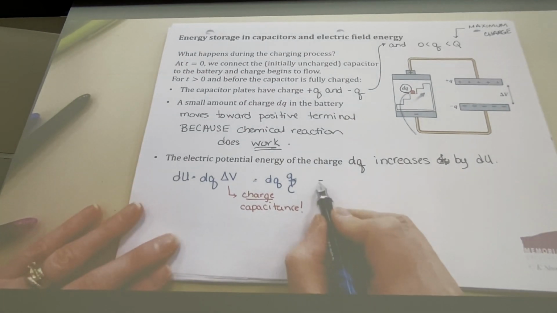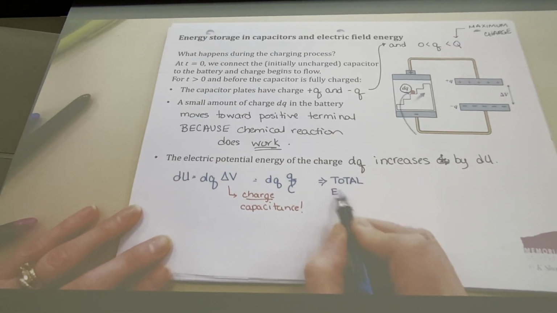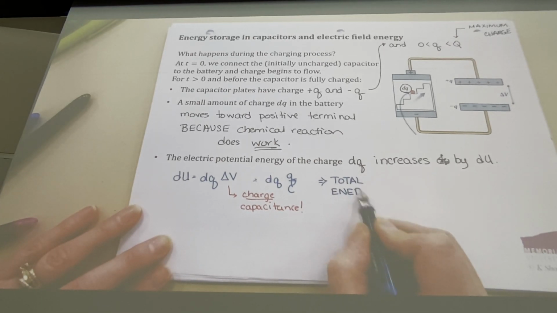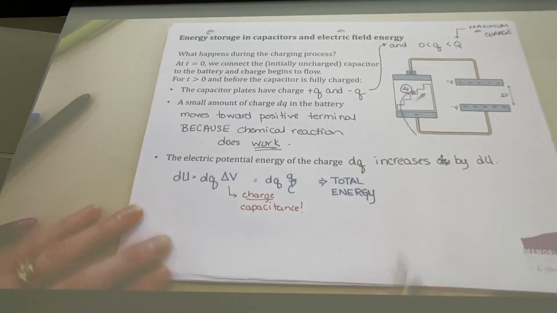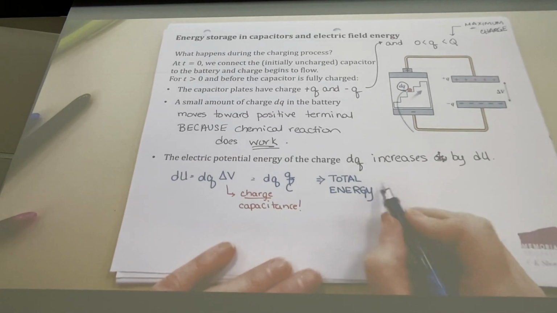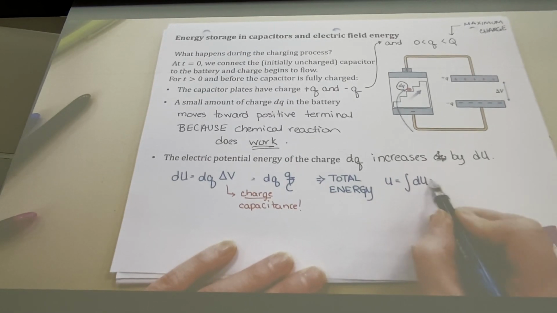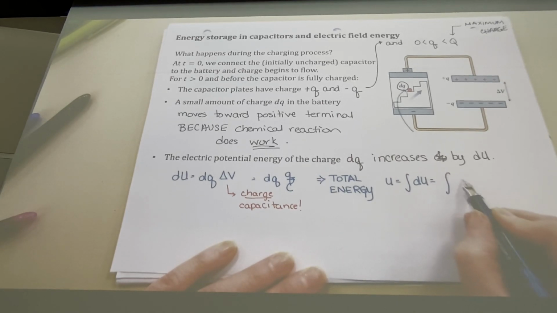If we want to find the total energy, we have to add up all of the small increases in energy, and to add them all up, it means we take the integral. So U is the sum of all the little dU's, or the integral of q over C times dq.